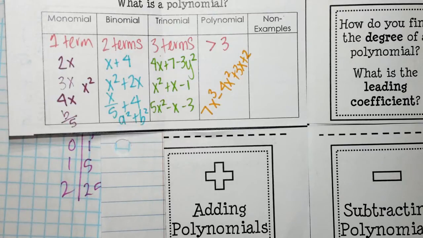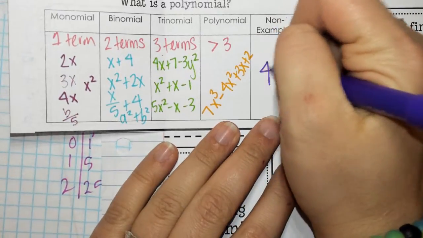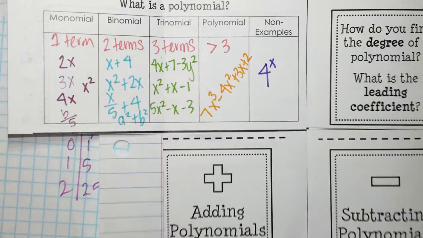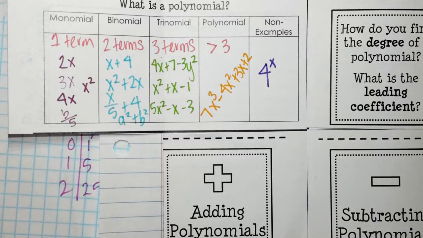And a non-example could be this. What is that? It's a 4X. It is a non-example. It's a 4 with an X to the right of it, slightly up. What did we do yesterday? Exponential function. Take a point.